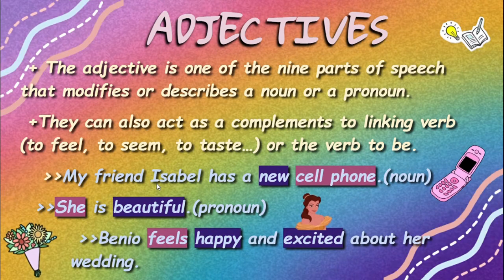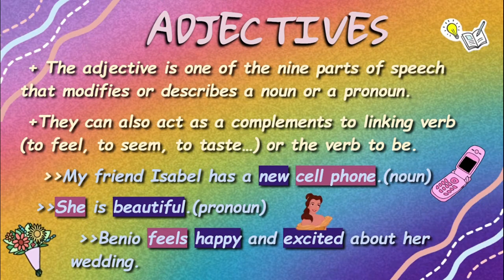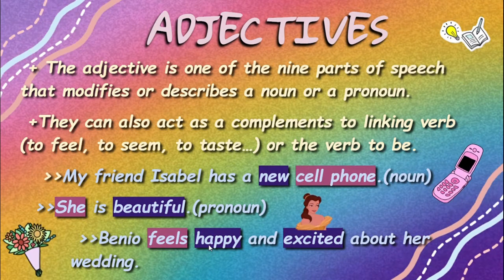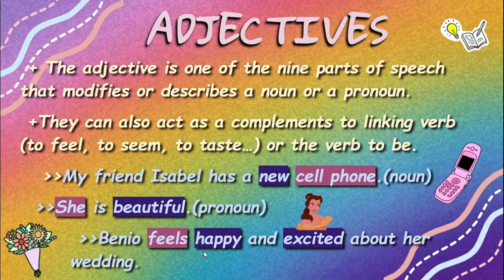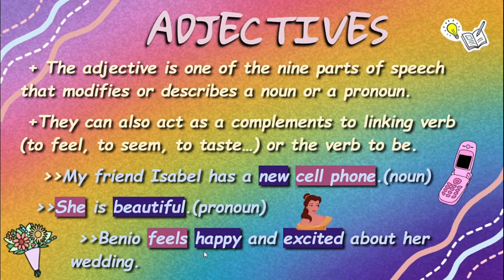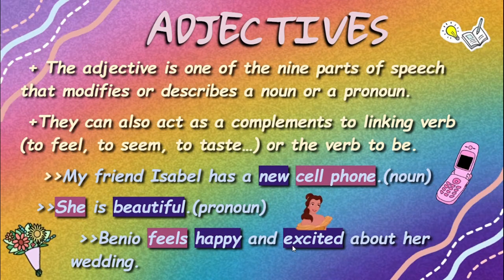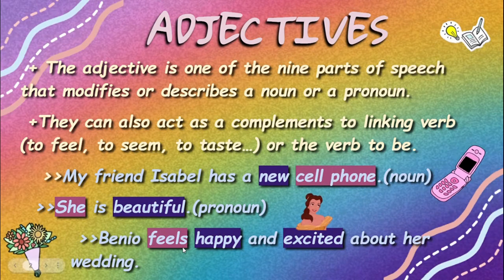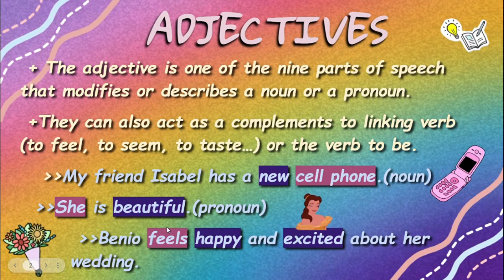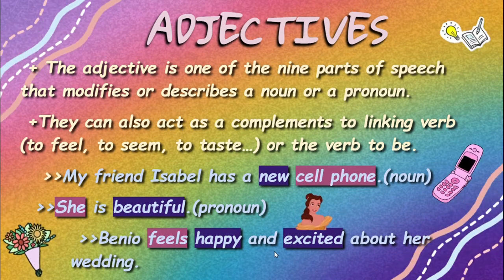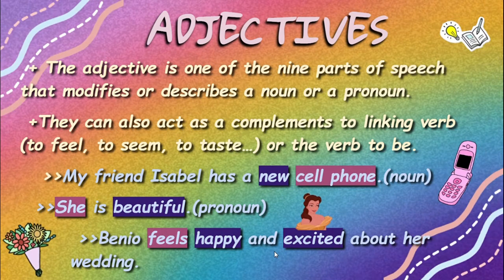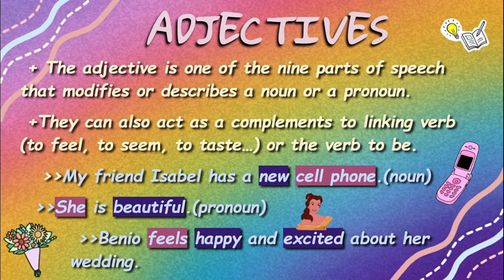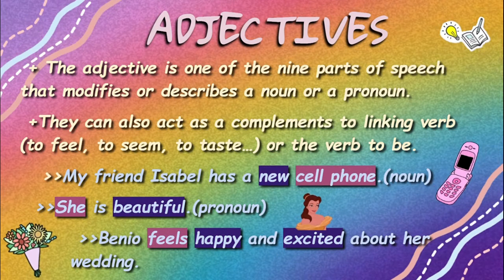Betsabe feels happy and excited about her wedding. In this case, we have 2 adjectives. These adjectives act as a complement because we have a linking verb. These types of adjectives are called predicate adjectives.